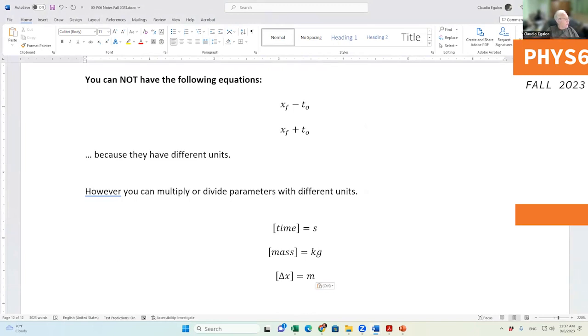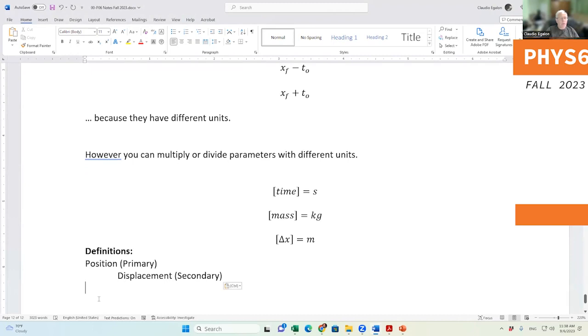And our situation now is the following. Going back, definitions: position and displacement.